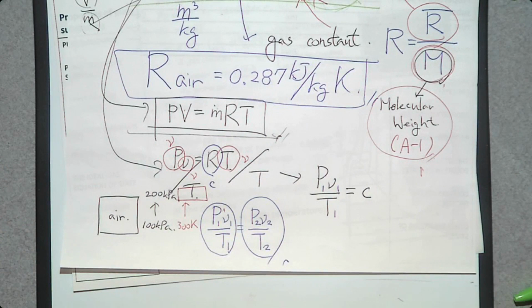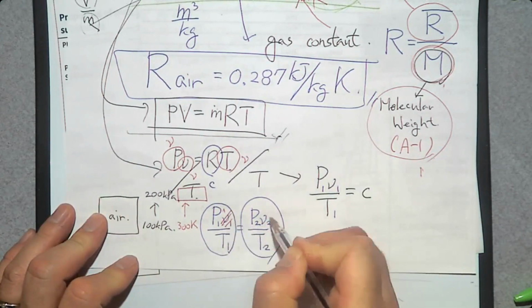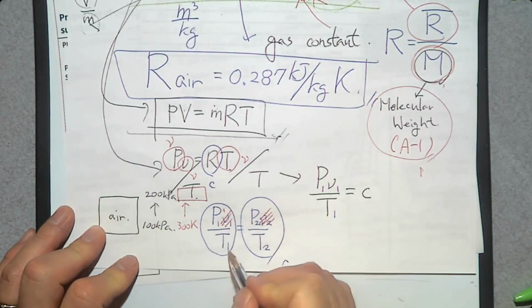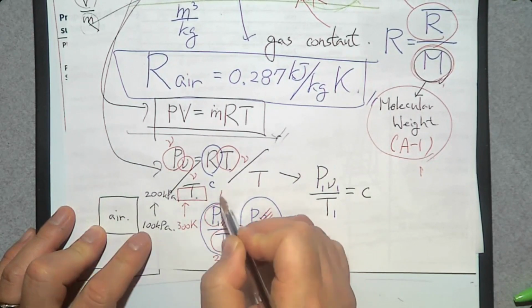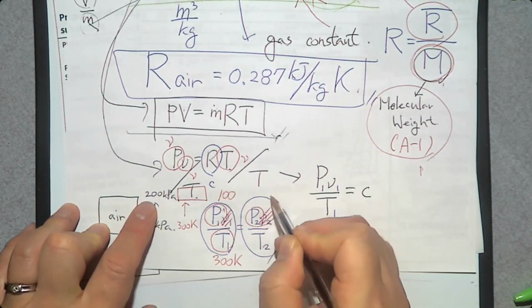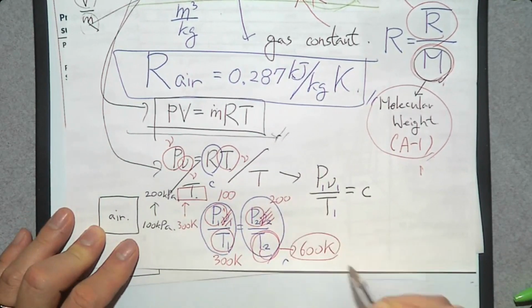It is a rigid container. So what happened to the mass and the volume of this air? Constant. It's a rigid container. The volume doesn't change. Mass doesn't change. So V1 and V2 should be the same, so you can cross them out. Now, initial temperature 300 and initial pressure 100. The final pressure 200. So what should be the final temperature? 600 Kelvin.